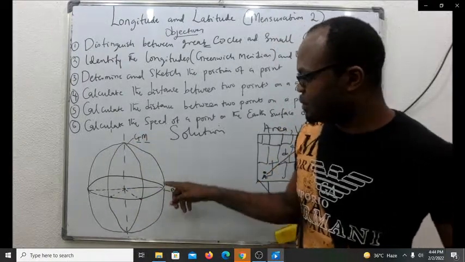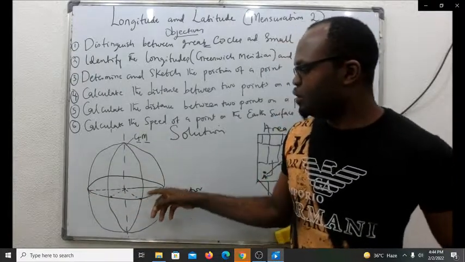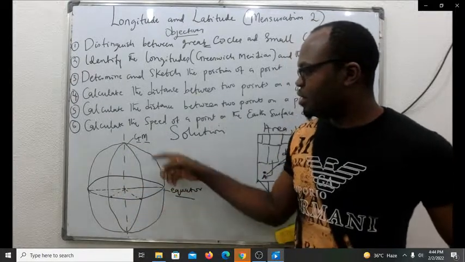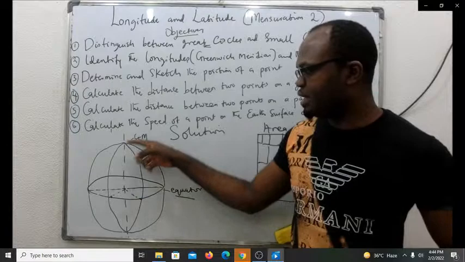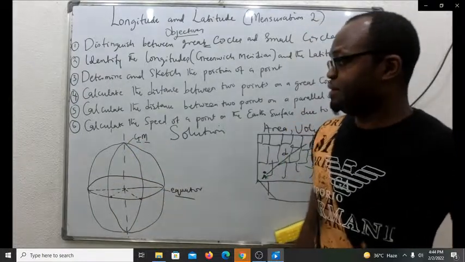Though these are not the only 2 great circles, most of the meridians, apart from the Greenwich meridian, are all great circles.